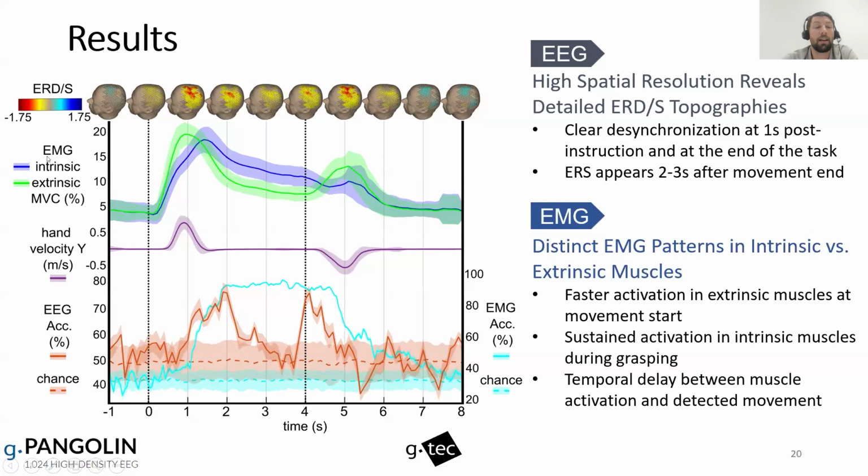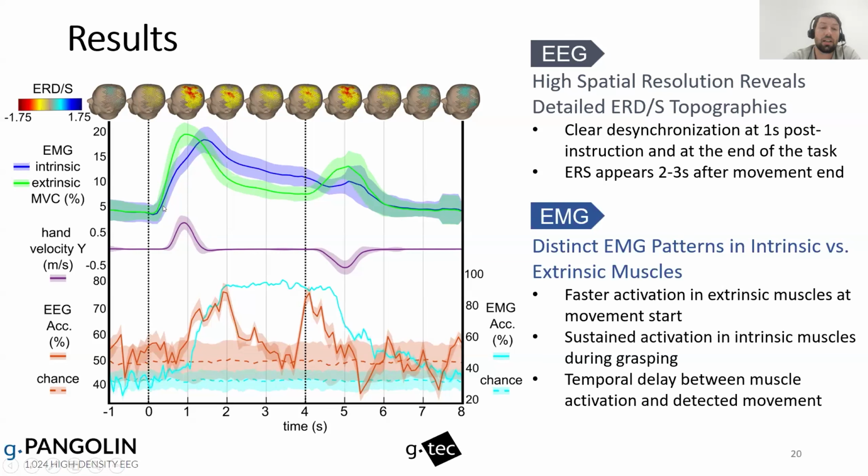On the second row, you can see the EMG activation plot as intrinsic and extrinsic, meaning the muscles on the forearm and the muscles on the hand, the extrinsic. So we here plot the different, like, maximum voluntary contraction calculated in percentage.